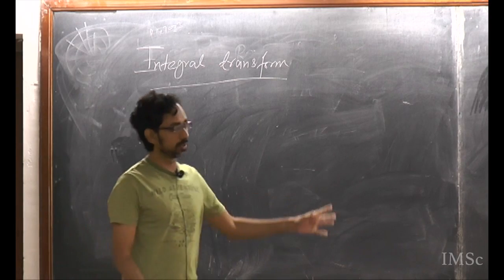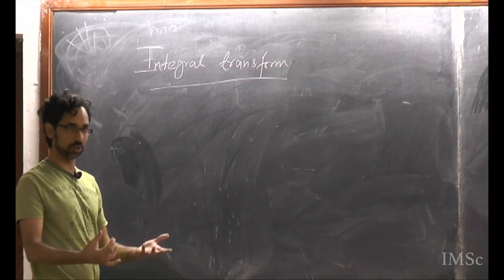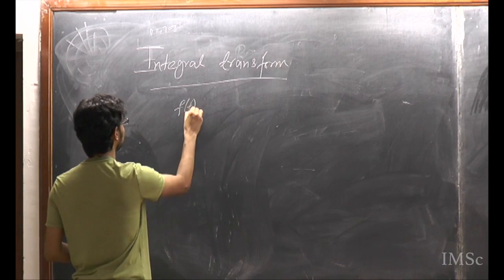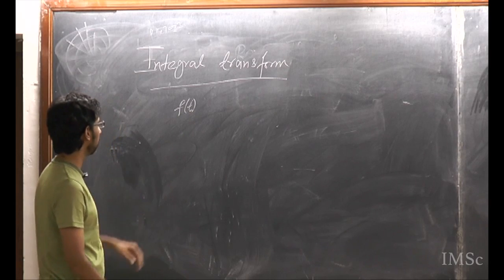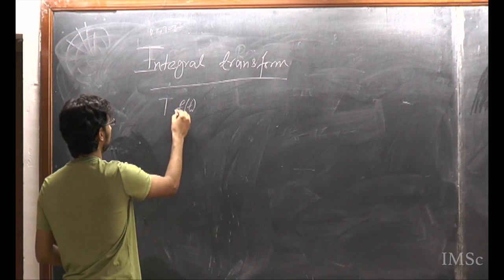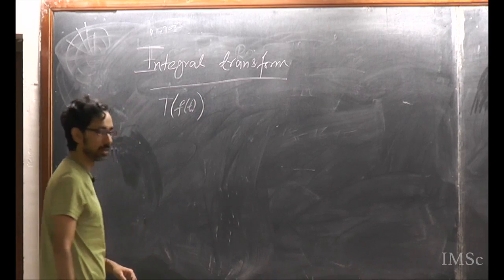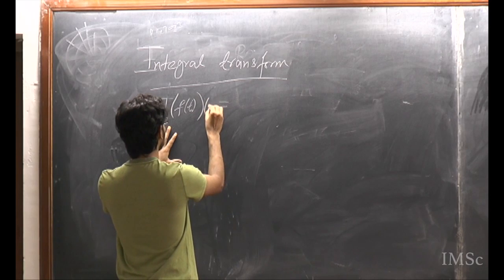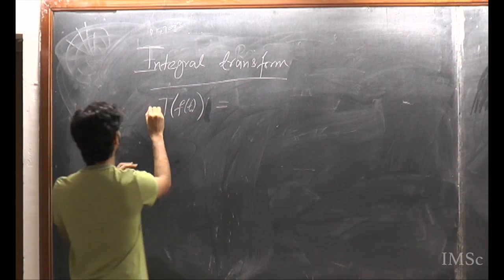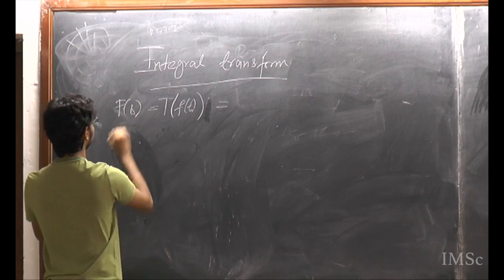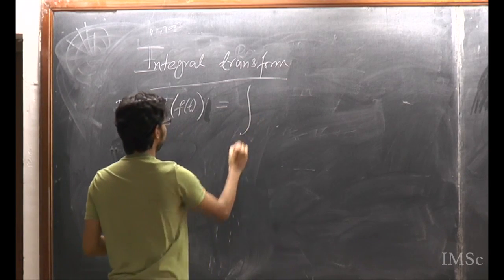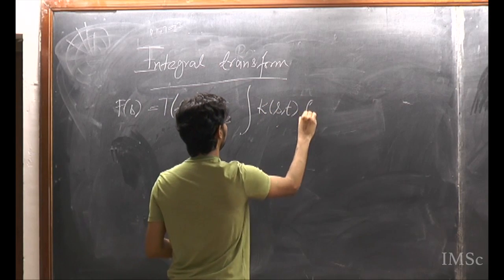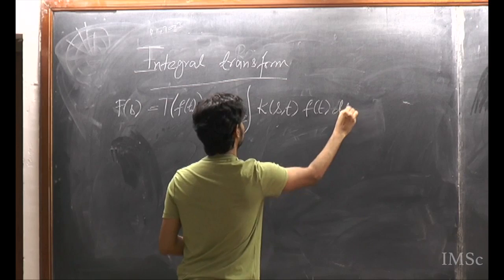You know that the transform will take as input one function and give you another function. So let's say f of t is your input function and you apply this transform T, and it will be called an integral transform if this function of s, let me write F of s, is an integral like this: the integral from t1 to t2 of K(s,t) f(t) dt.